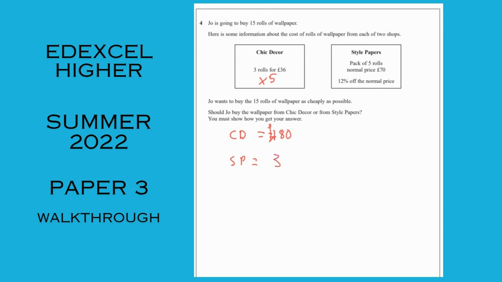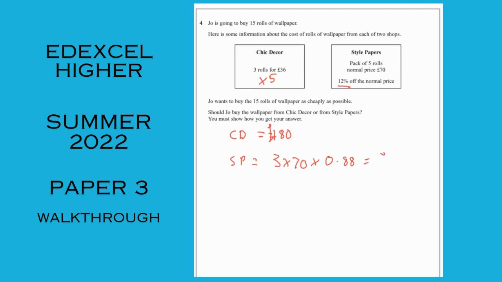So it's 3 lots of £70, but there's a reduction. And if you want to reduce something by 12%, your multiplier is 0.88 or 88 over 100. Or you could obviously do 12% and then subtract it from your total. But I find that to be a little bit longer.